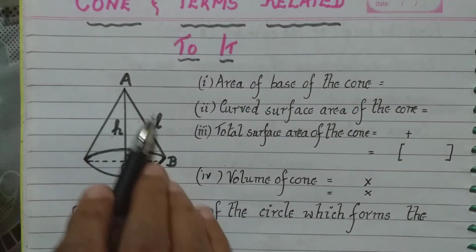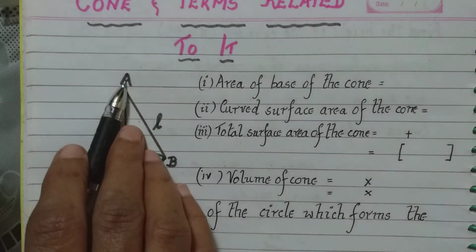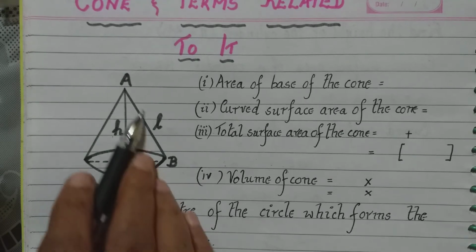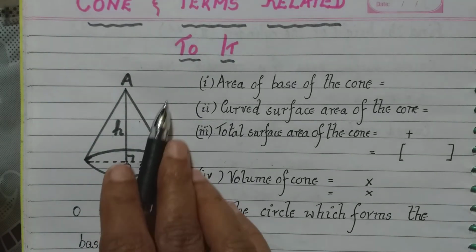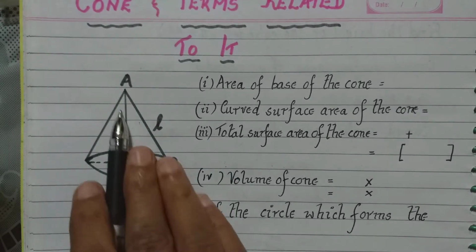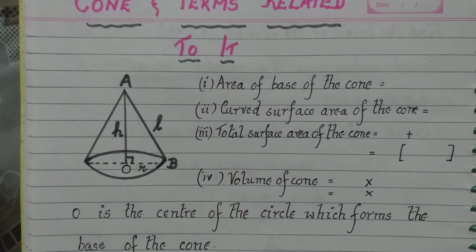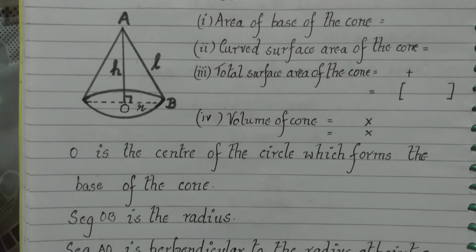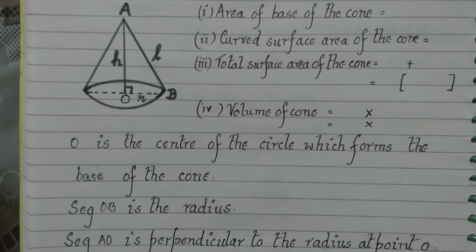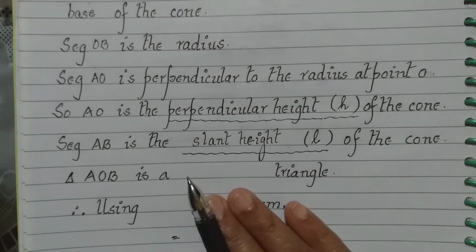Look at the figure. AB is the oblique segment which you can see here. Segment AB is the slant height L of the cone. So we have two heights in a cone, the perpendicular height and the slant height. Now there is a relation between the perpendicular height, slant height and the radius of a cone. Let us see what that is.